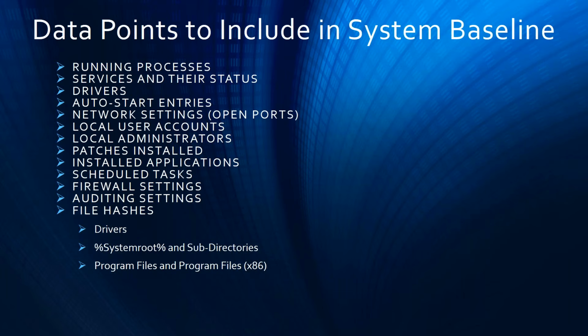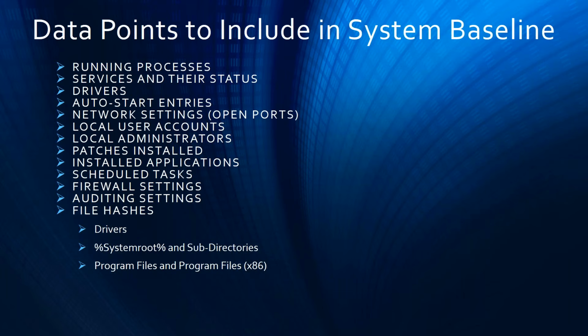At that point, system baselining definitely becomes a whole lot harder, and we'll talk a little bit later on how we can handle that. But then again, if you understand what would normally be running on a Windows 7 box, that helps you identify those anomalies.